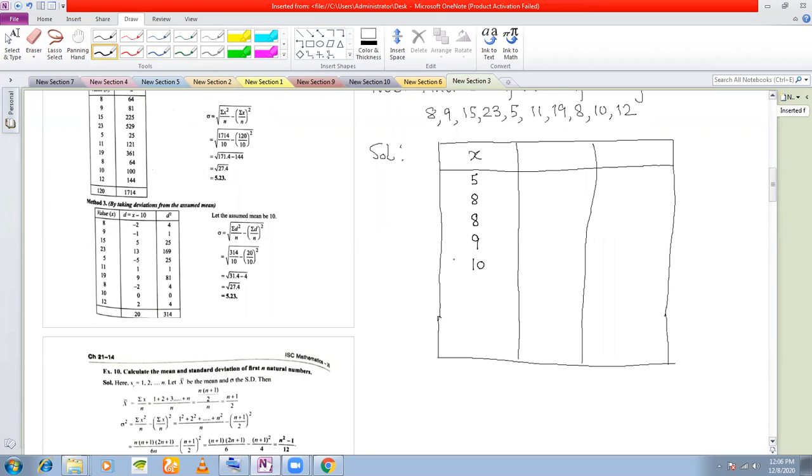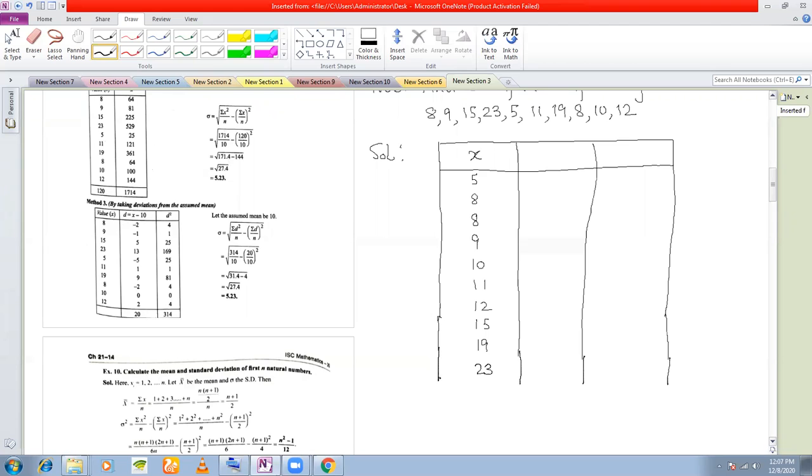And after 10 you have 11, and you have a 12, and then 15, then 19, and then 23. So let us count whether we have got all. So 10 observations. Yes, we have got 10 observations.